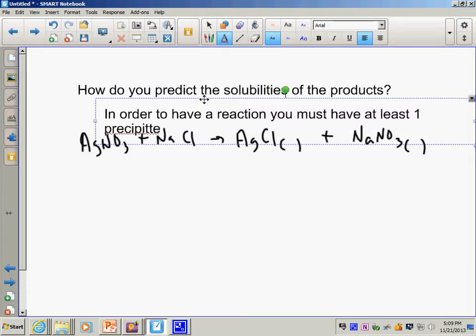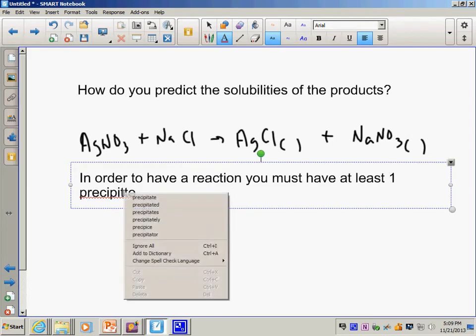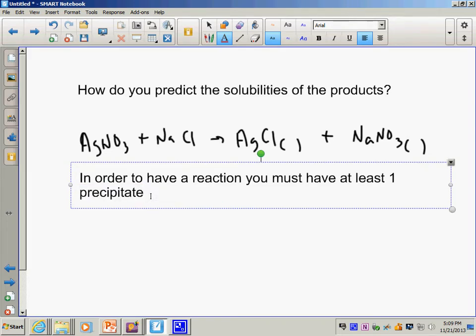Now, you can have two, that's fine too. But you have to have at least one thing forming a solid. Otherwise, nothing has to change. It's the same as it was before. I'll explain more about that later.